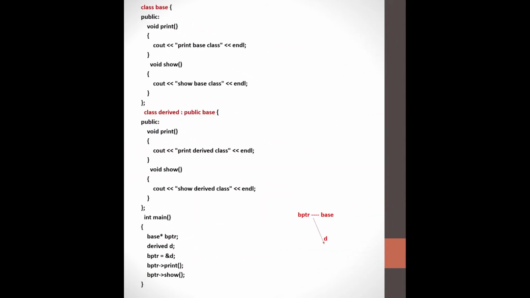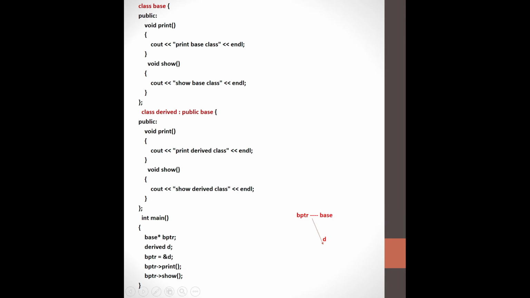Now, you already know that the compiler comes to the main program, int main. You have Base, which is going to be my base class name. You can see a star bptr, which means bptr is a pointer variable which is pointing to the base class. And you have Derived d.